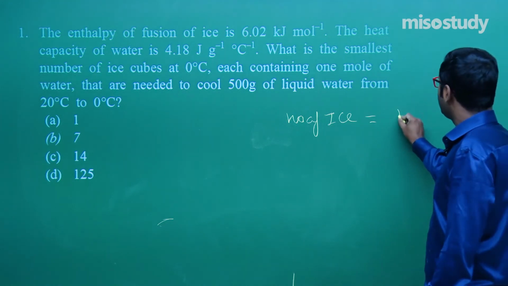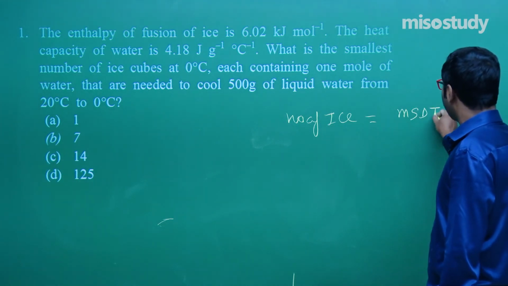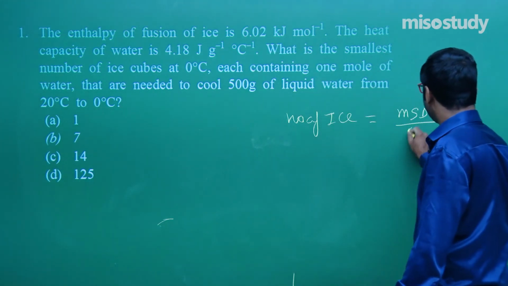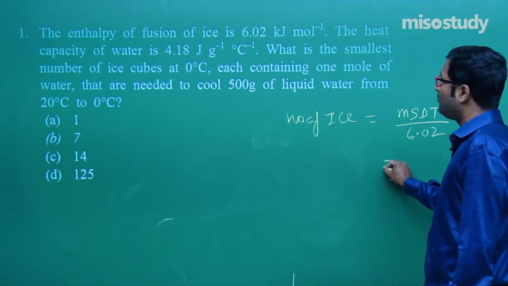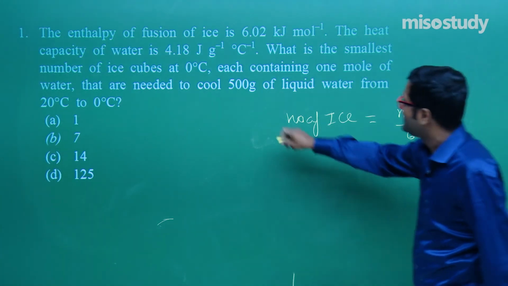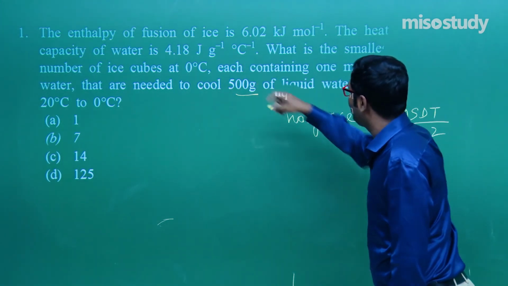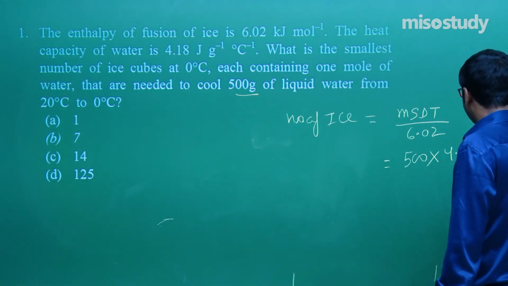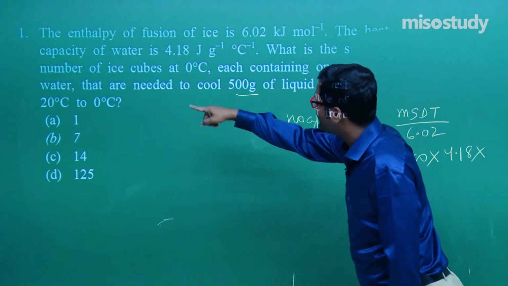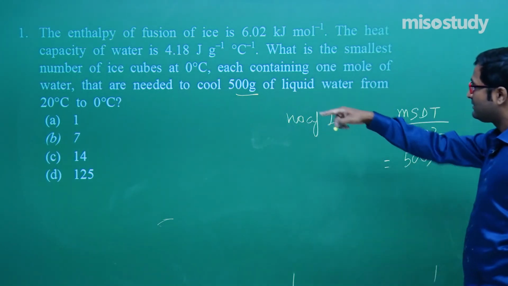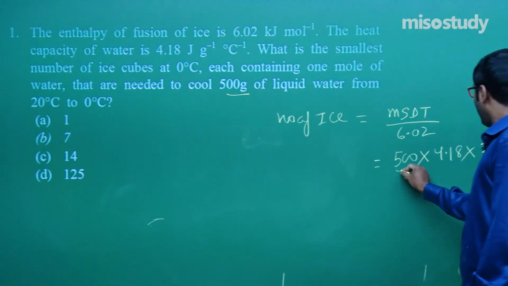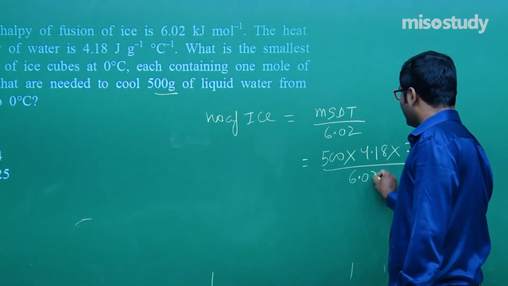That is Q. Q is equal to m s delta T upon, per mole is given 0.62. This is the formula. Very simple. What is m? It is 500. What is s? Here it is given 4.18. Clear to you? And what is the delta T? It is 20. Clear to you? Now divided by 6.02. This is a simple formula.